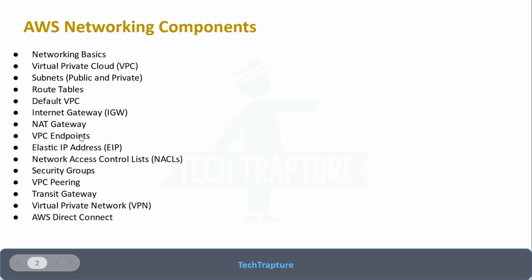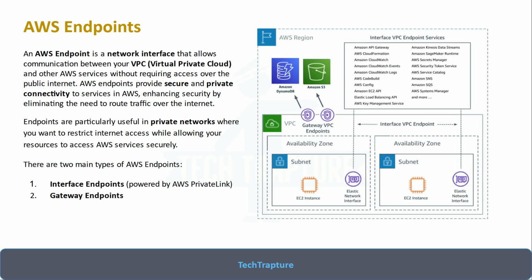So we'll see what VPC endpoints are and when we should use a VPC endpoint. An AWS endpoint is a network interface that allows communication between your VPC and other AWS services without requiring access to the public internet. Let's suppose we have a virtual machine in our private subnet, and that virtual machine needs to access some data or some file from the S3 bucket.